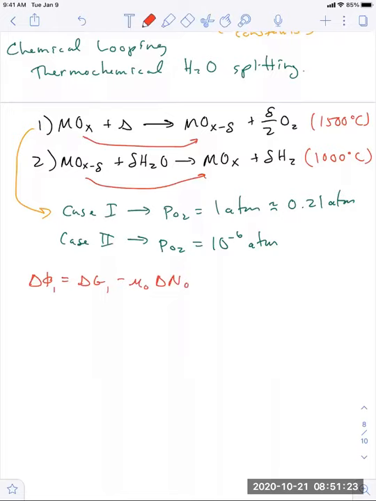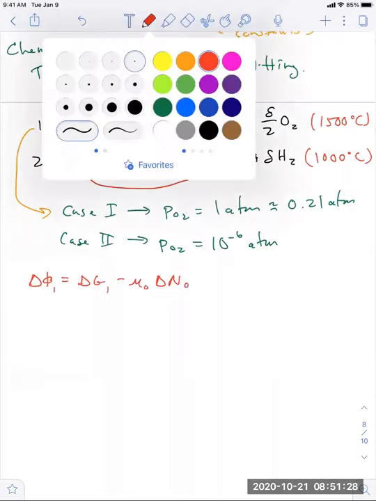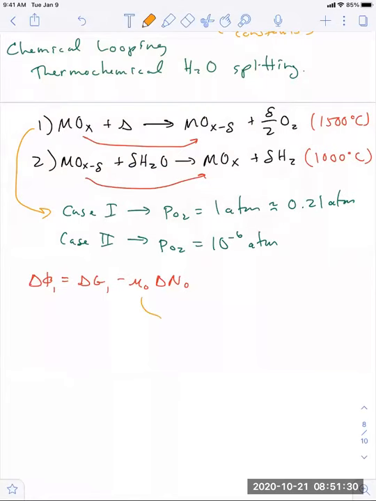And by changing the partial pressure of oxygen, we just showed that there's a log dependence on how the chemical potential of oxygen is related to the pressure. So we can say that mu O equals mu O ref plus RT times the log of the pressure of oxygen divided by the pressure of the reference state.